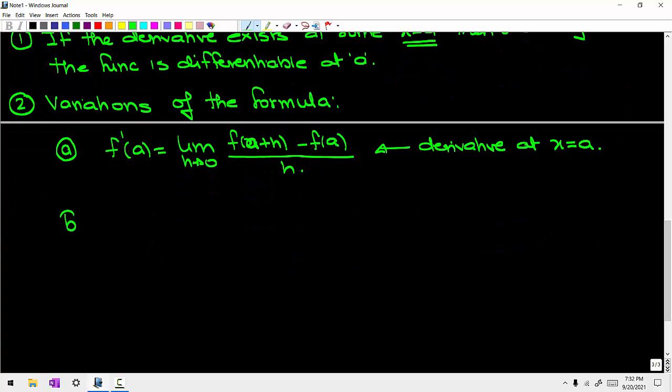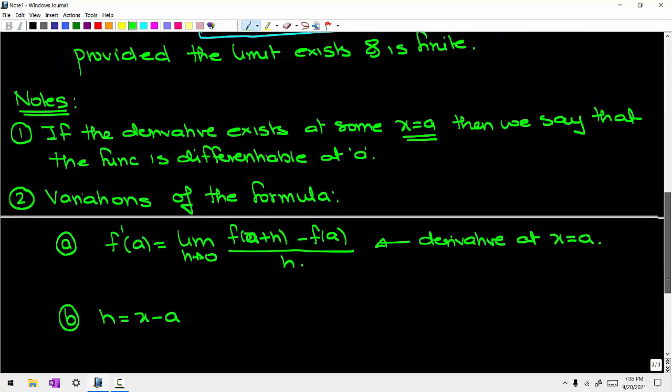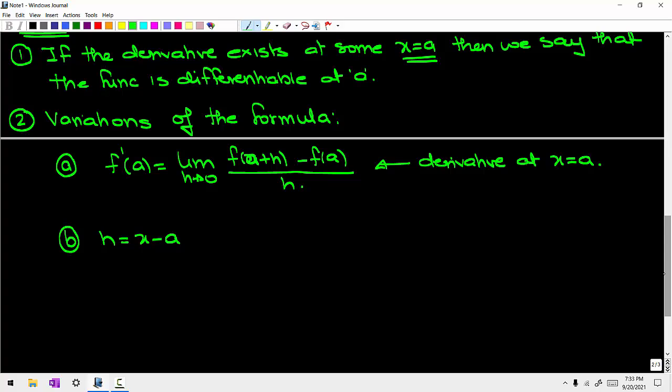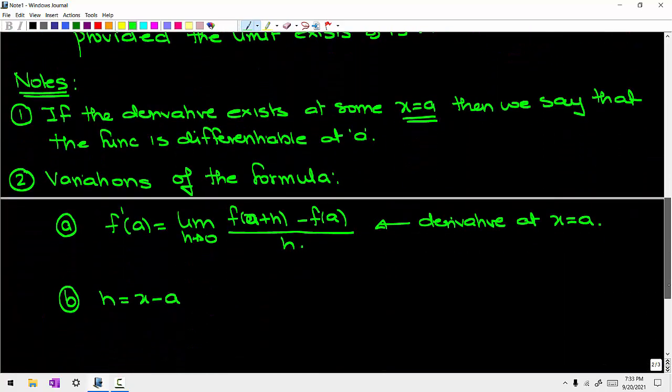Another variation: in the previous general formula, we replace h with x minus a. Actually, let me do this better.